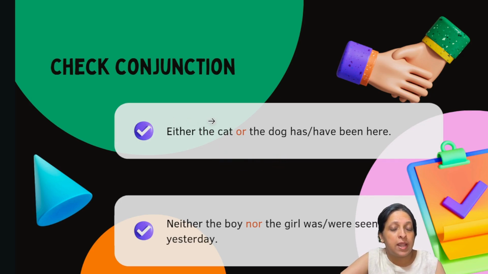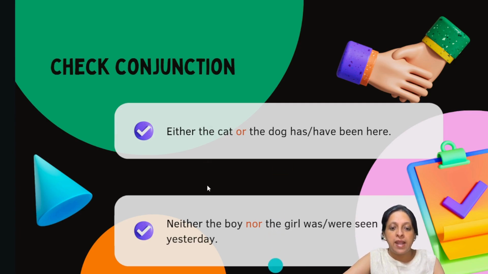And we want to say either it is the cat or it is the dog, whichever you're talking about. They have not been here, but when I'm saying they, I mean together. I'm talking about both. But when I'm using the word either, that means I am talking about any one of them. Therefore, it has to be singular because both of them are singular subjects.